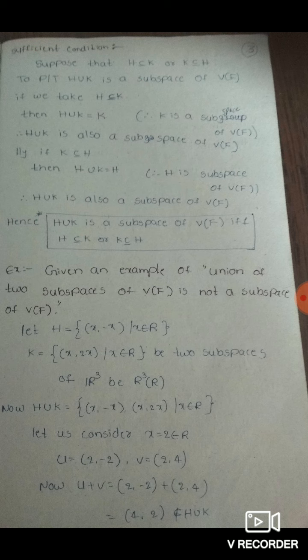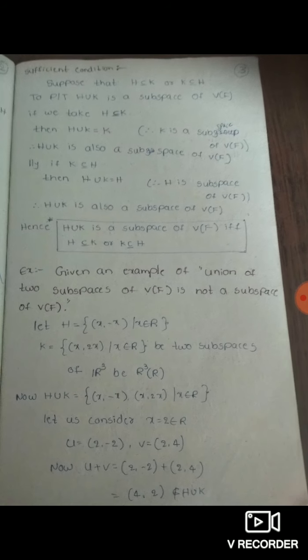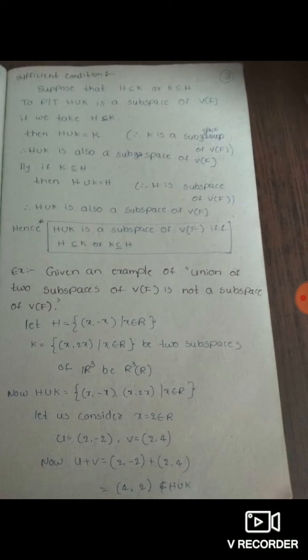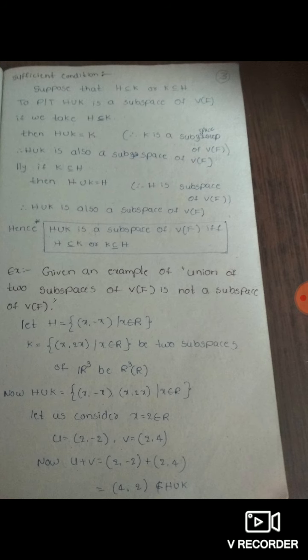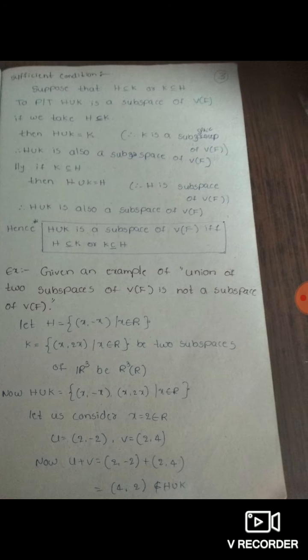Let us consider x value 2. Then u is (2, -2) and v is (2, 4).